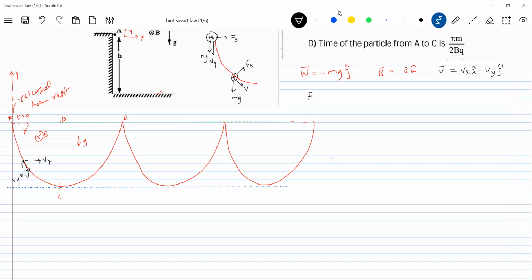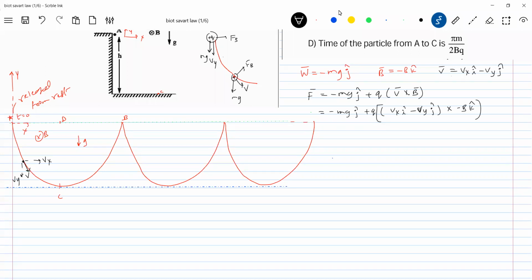So the total force acting on the particle should be minus mg j cap plus V bar cross B bar. So this should be Vx i cap minus Vy j cap, cross minus B k cap.